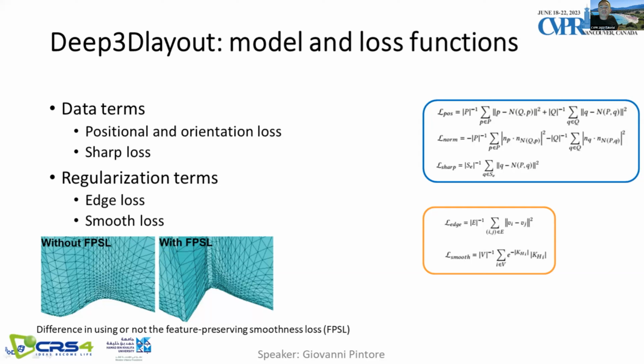So we introduce regularization losses to drive the solution toward a plausible room shape in areas where the data terms provide very little information. In particular, edge regularization is used to favor a uniform distribution of vertices, while an indoor-specific smoothness loss penalizes low curvature vertices, forcing them to lie on a plane or on a constant curvature surface. While we try to avoid penalizing the feature vertices with a more marked curvature, essentially.